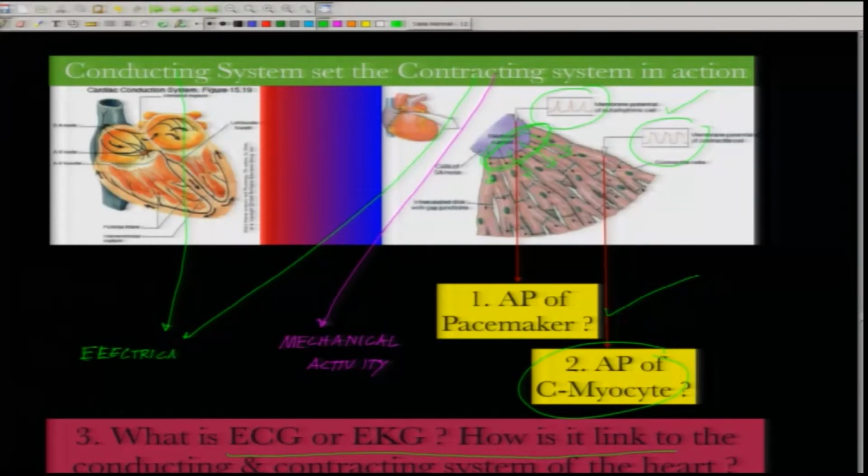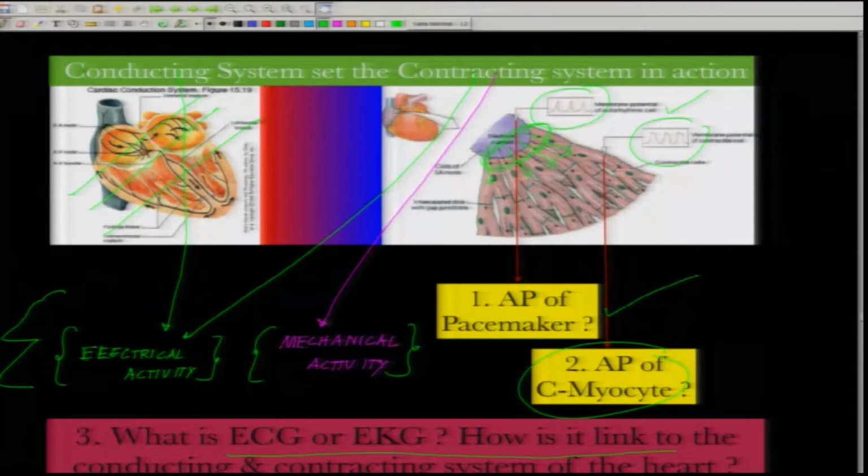These electrical activities and these mechanical activities have to be integrated. And as a matter of fact, this whole structure is an electrically active structure.